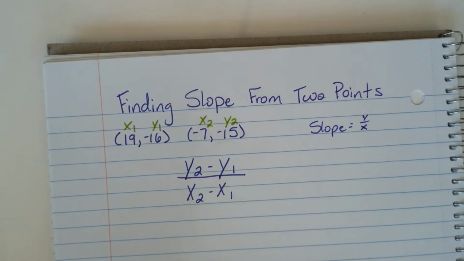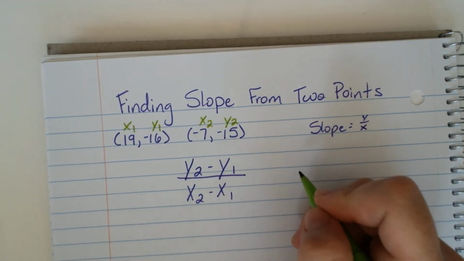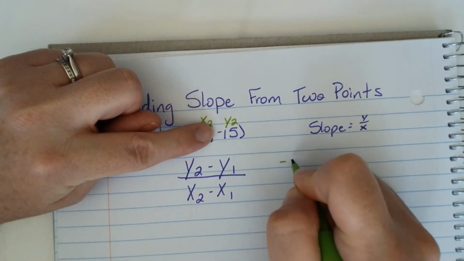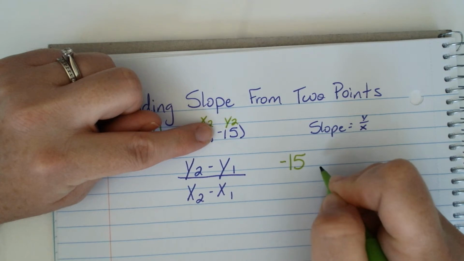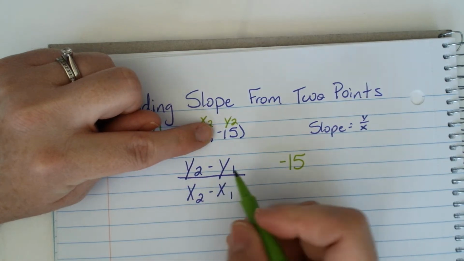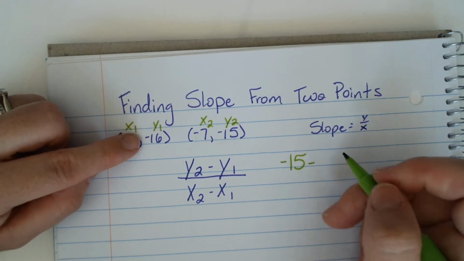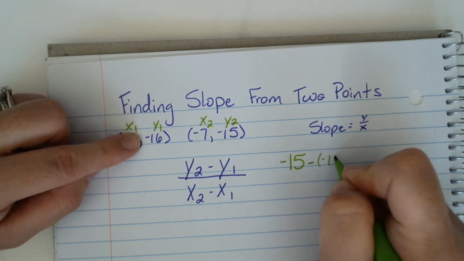So let's plug in what we have up here in our coordinates. y2 is negative 15. Then we subtract y1, and that is negative 16.